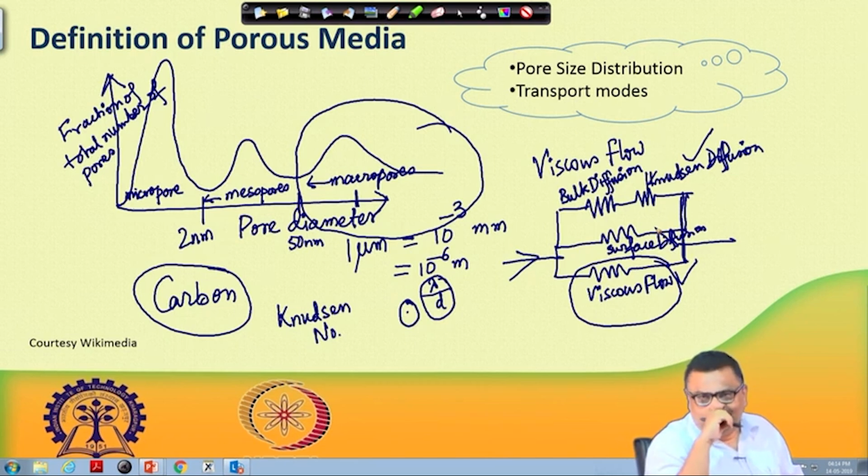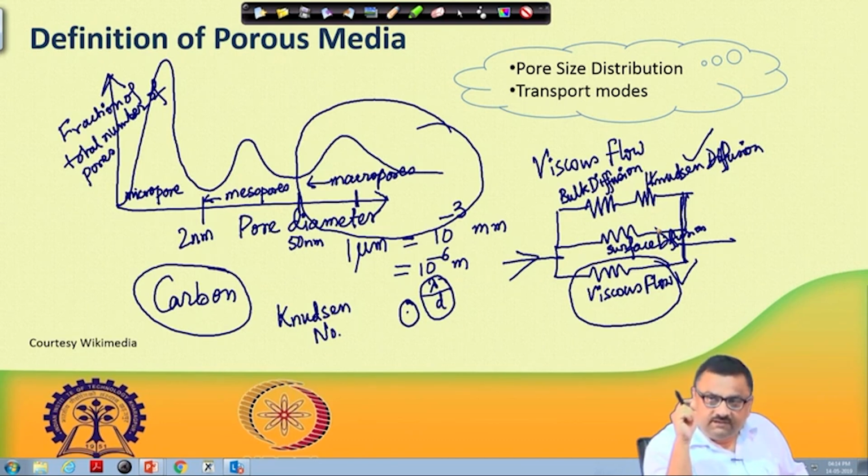In fact, we will show that when somebody works with flow of gas through shale, some subsurface material in which a lot of hydrocarbons are stored, and nowadays people are extracting hydrocarbon out of those shale layers.